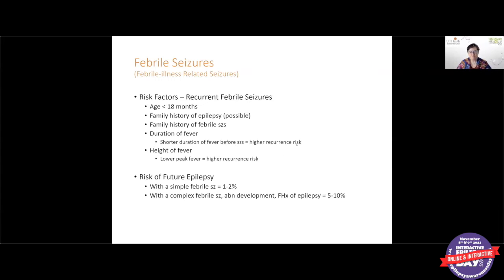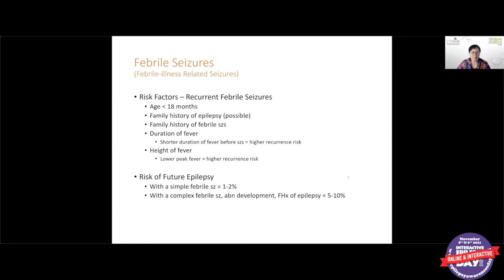And if you tend to have a shorter duration that the fever is happening before the seizure occurs, then those people are more likely to have another one. And if the seizure occurs at a lower temperature of fever, then it may be more likely to happen again.